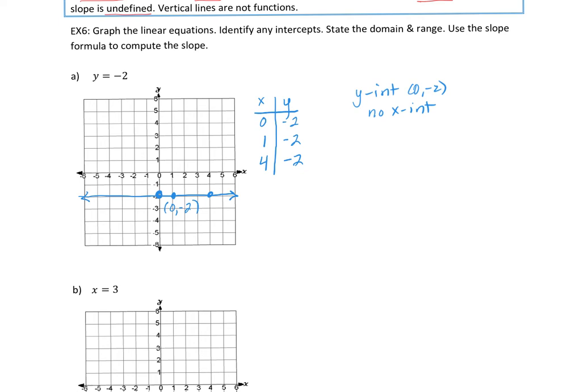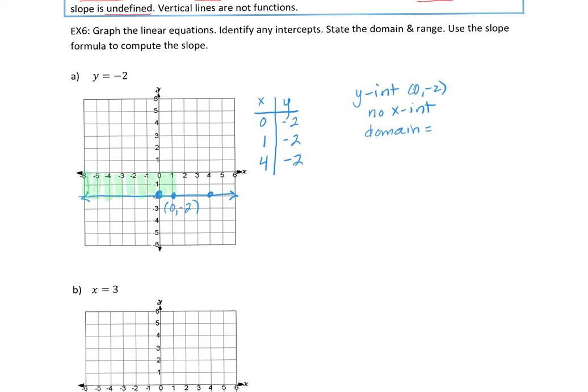State the domain and range, and then use the slope formula to compute the slope. Okay, I can already see that the slope is 0 because it's a horizontal line. But what about the domain? So remember the domain, that would be all of our x values. And as we go from left to right, I see that I get all of my x values.